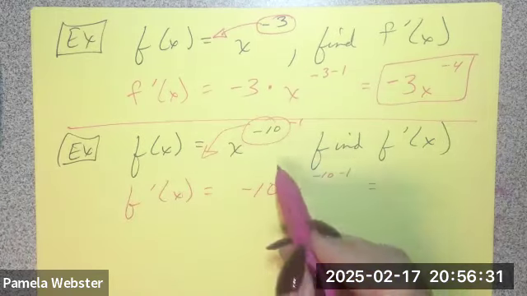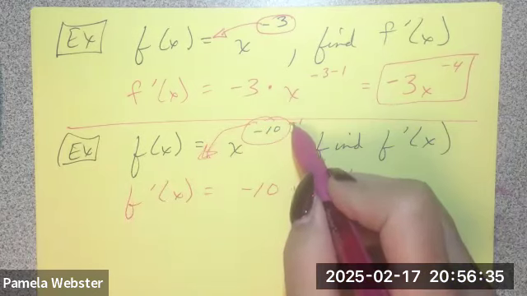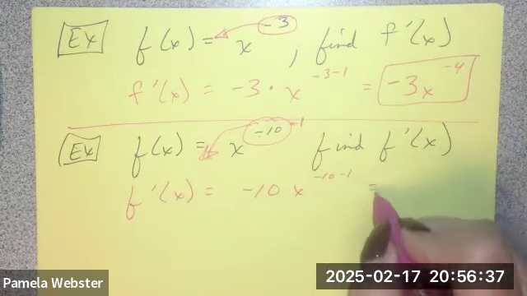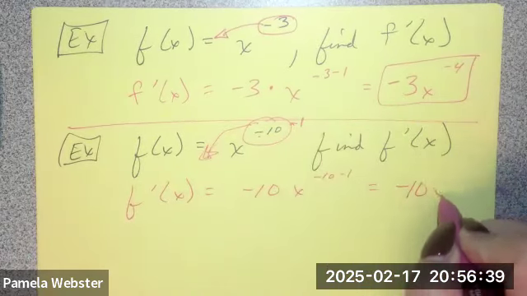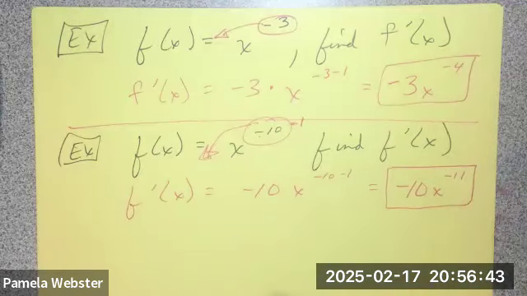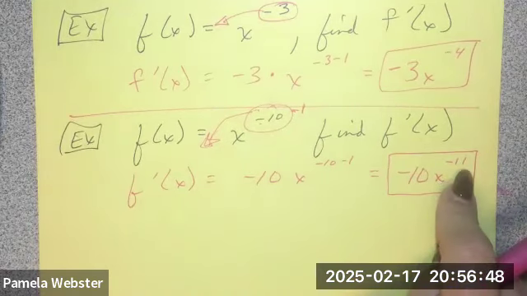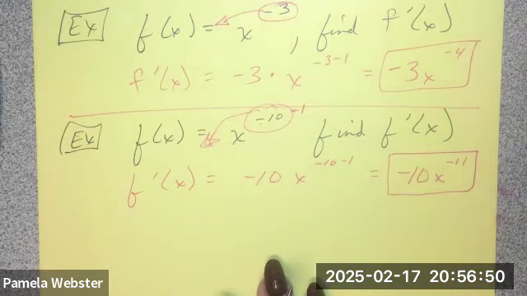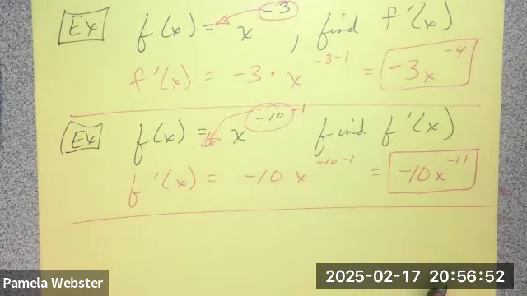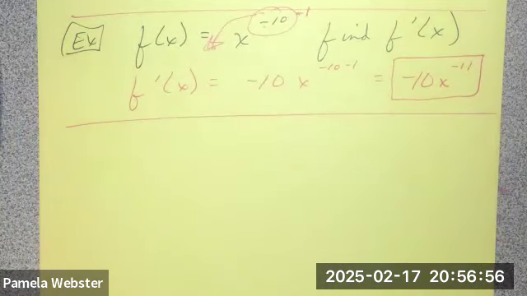Okay, you're going to see me kind of start shortcutting it a little bit. I'll pull this down in front and I'll write minus 1 there so we know we need to do that. Just because I don't want to have to write it every time, but hopefully if you did it properly, you've got negative 10 times the x to the negative 11, right? Because you subtracted 1. Negative 10 minus 1 is negative 11. Hopefully you did that all right.